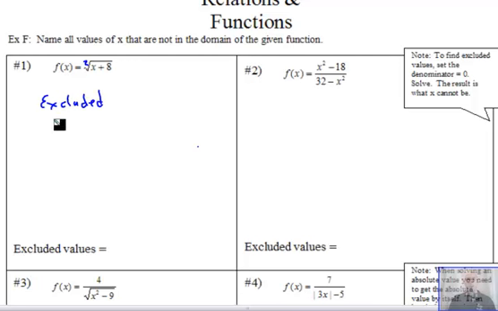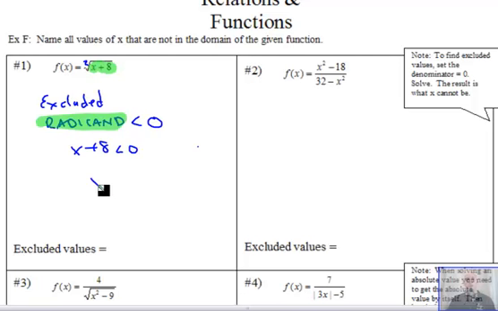Take your radicand. Radicand is what's inside the radical. This is an x plus 8. That's what the radicand is. And we say, if that's less than 0, we're going to get an imaginary answer. So we take x plus 8, say it's less than 0.